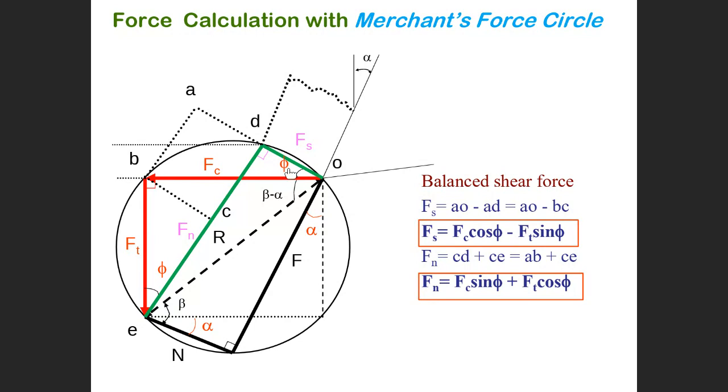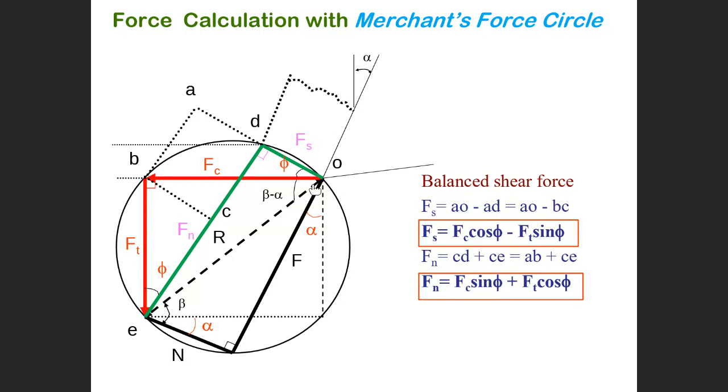AD is equal to this line from this triangle, equal to Ft sine phi. So Fs equals Fc cosine phi minus Ft sine phi.